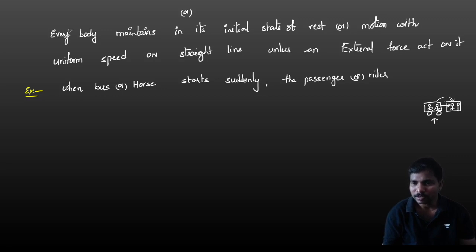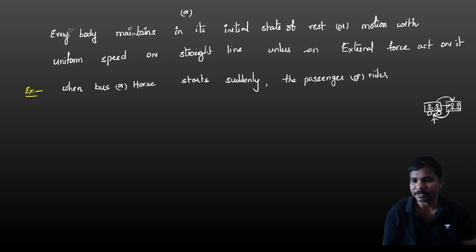So whenever the bus moves from this place to this place, the passenger also moves with it. But the passenger tries to occupy his previous state. Why? Because that is nothing but the law of inertia. It opposes sudden changes in position. This person always opposes because of the law of inertia.